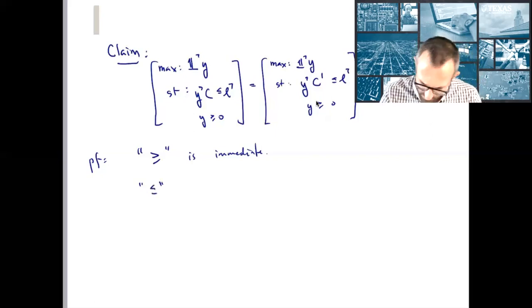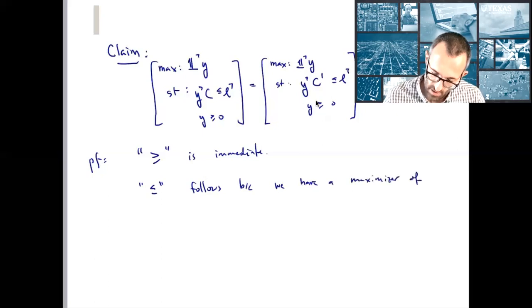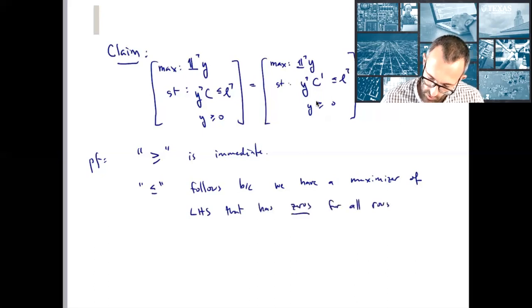It follows because we already have a maximizer of the left-hand side that has zeros for all rows not in C dash.